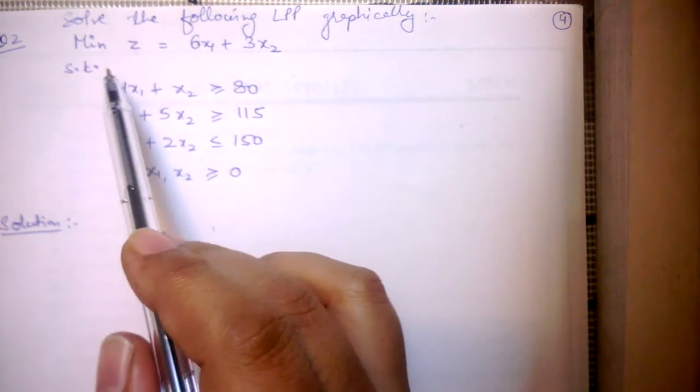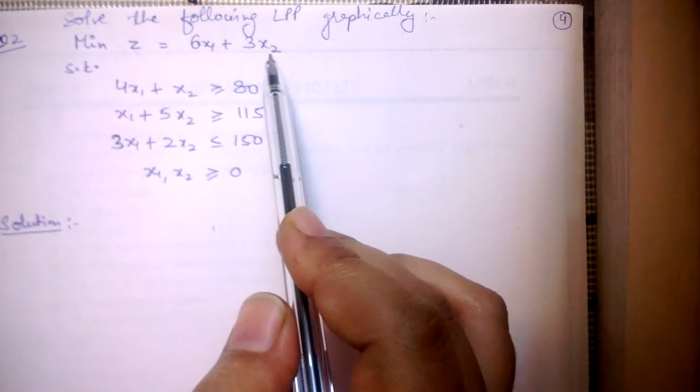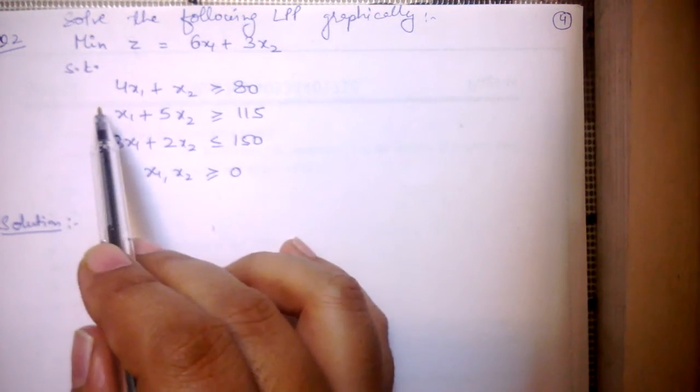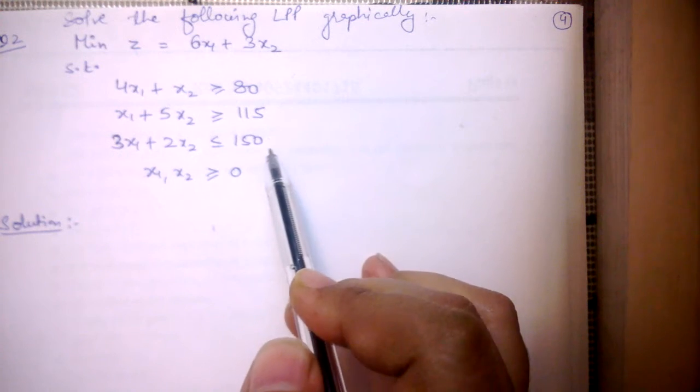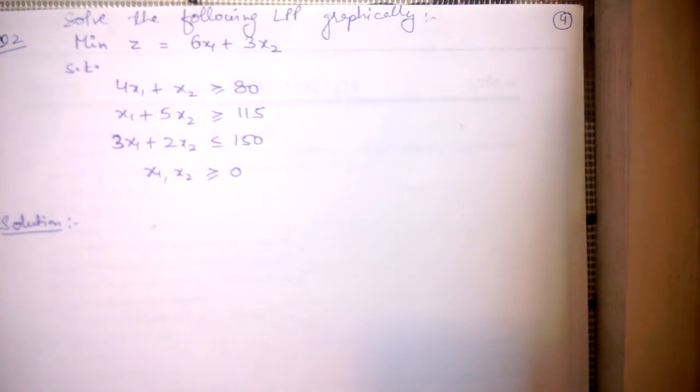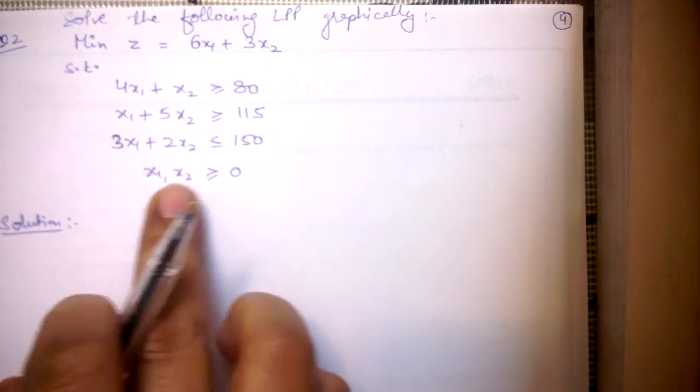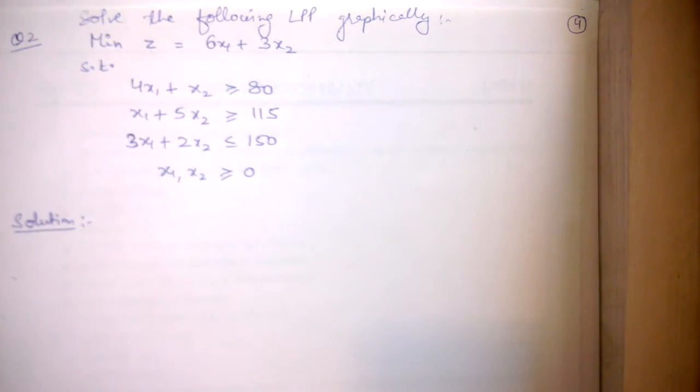So the question is minimize z, which is 6x1 plus 3x2 subject to these three constraints. Now as discussed in the previous lecture, first we have to consider these inequalities as equations.